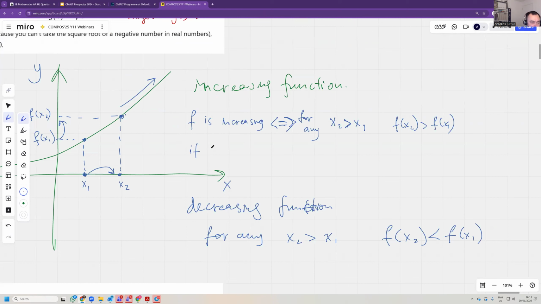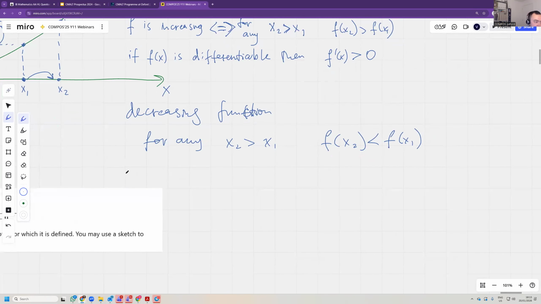When a function is increasing, it also means that the first derivative, if f of x is differentiable, then the derivative of f of x is greater than 0. And for a decreasing function, not all functions are differentiable.